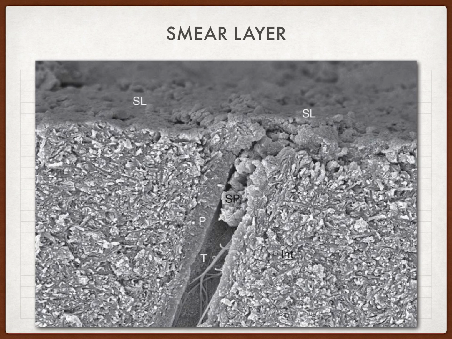This layer is called the smear layer, as you can see on the surface of the cut tooth structure, and how it forms plugs closing the dentinal tubules, preventing the composite resin or bonding resin from going in and making tags or feet in these tubules.